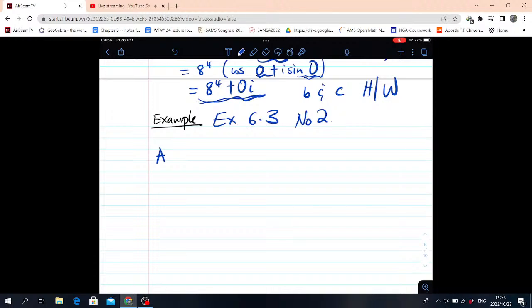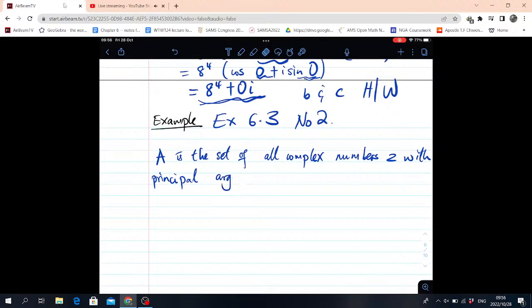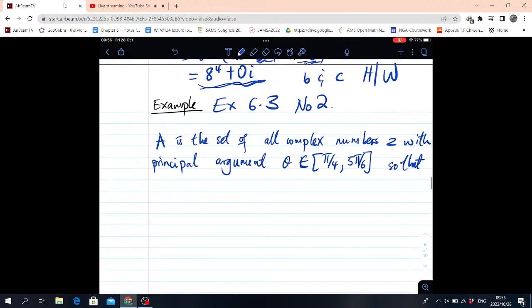So A is the set of all complex numbers Z with principal argument theta, which is between pi over 4 and 5 pi over 6, such that the modulus is between -2 and 2.